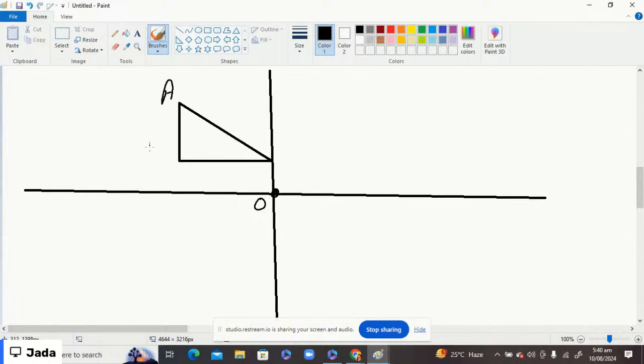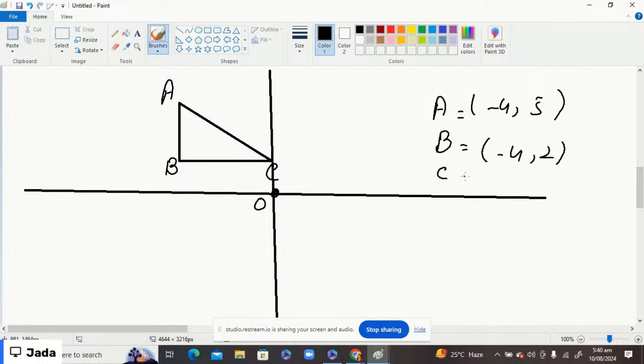This is point A, B, and C. And here point A is, let's suppose, -4 and 5. And point B is -4 and 2, and point C is 0 and 2. You are going to find and draw the image, okay, after the dilation of 2.